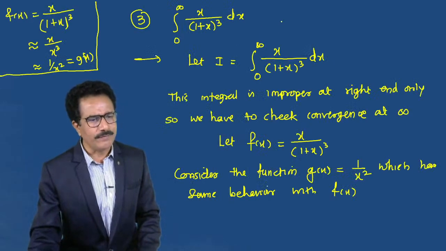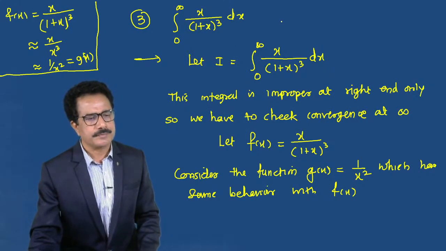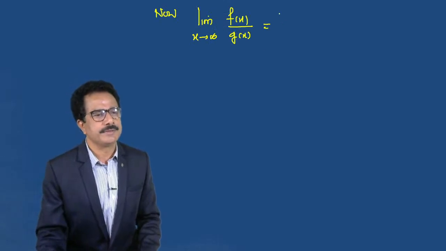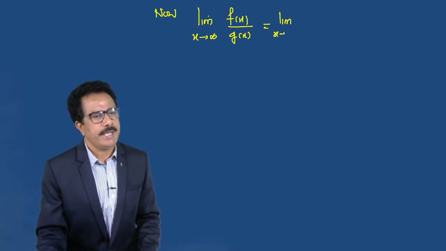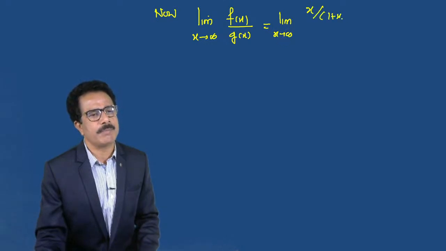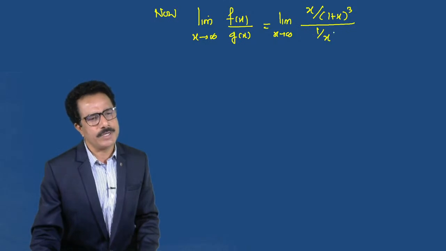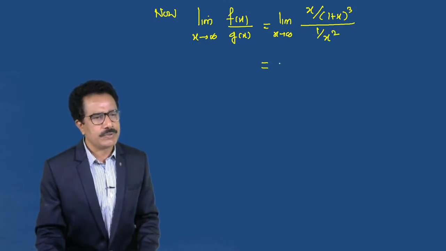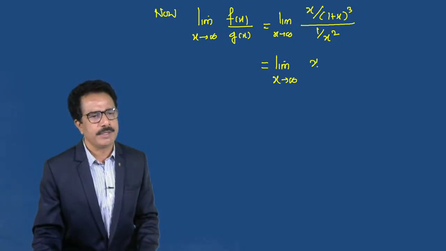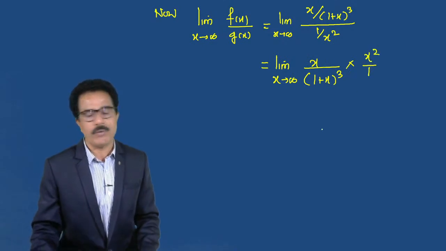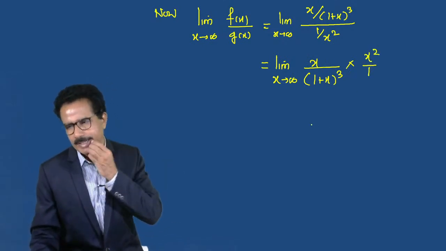Put the value of f of x: limit x tends to infinity, f of x means x divided by (1 plus x) cube, and g of x means 1 divided by x square. So we can write limit x tends to infinity x divided by (1 plus x) cube into x square divided by 1.